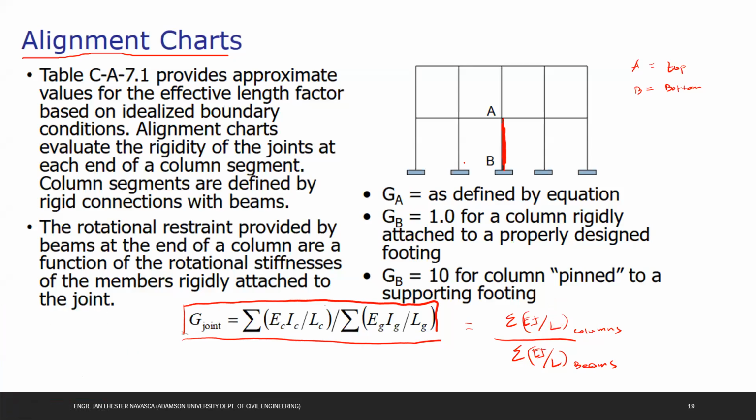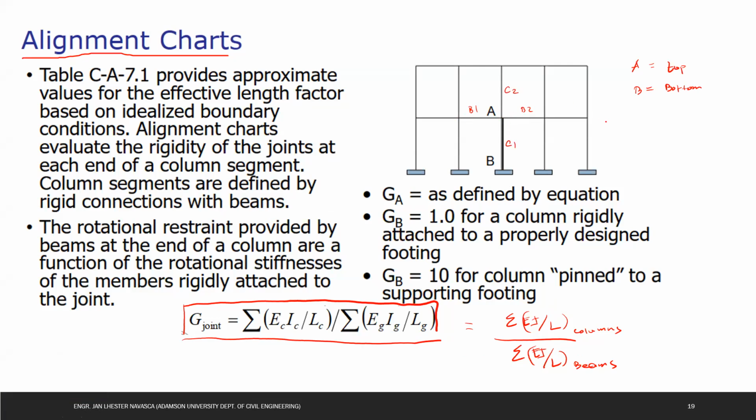So basically, how to solve for GA: let's say you have this as B1, this is B2, and this is column 1, this is column 2.